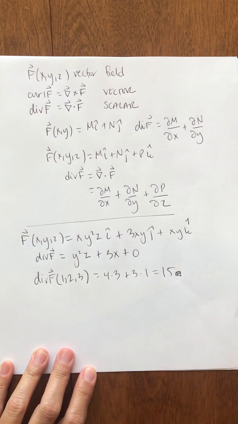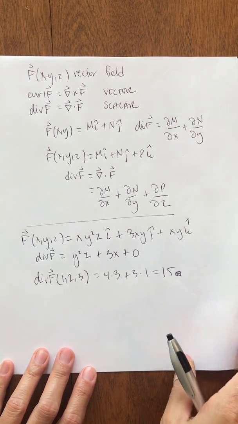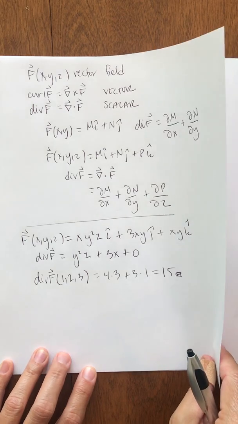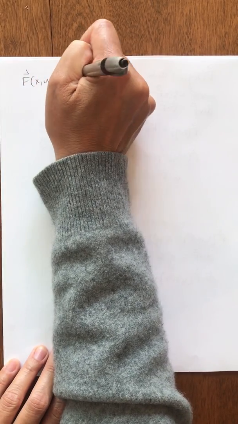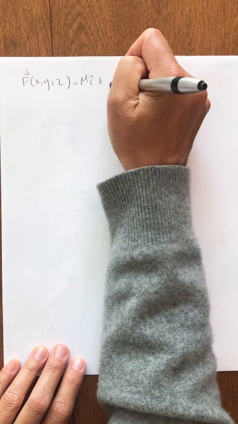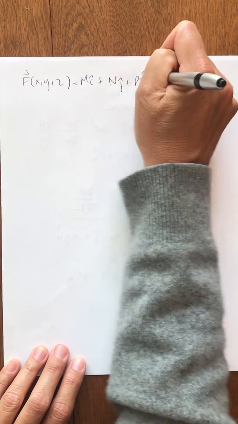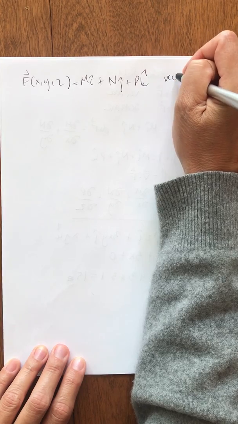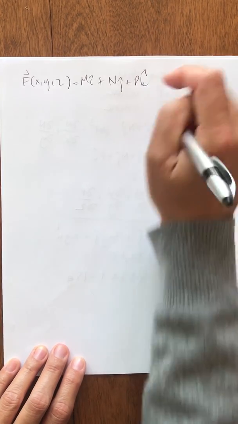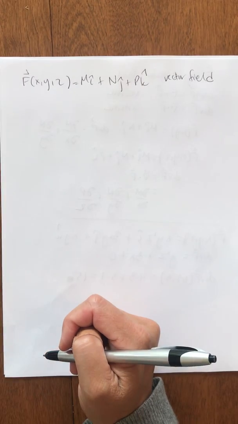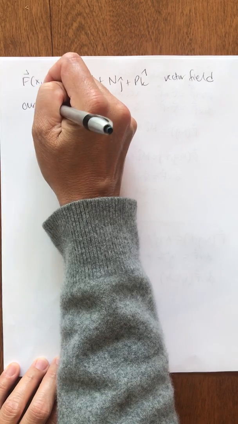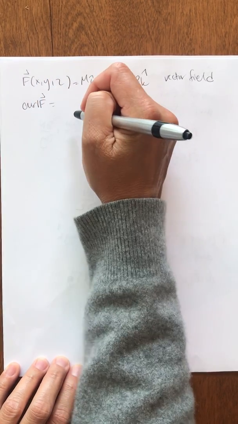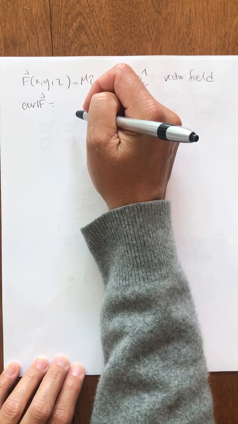So the last thing I want to show you today is a combination of these two functions. If I have a vector field F of x, y, z, which is m i hat plus n j hat plus p k hat, and as long as m, n, and p are differentiable, then I have curl F, which I think we found in the last video.